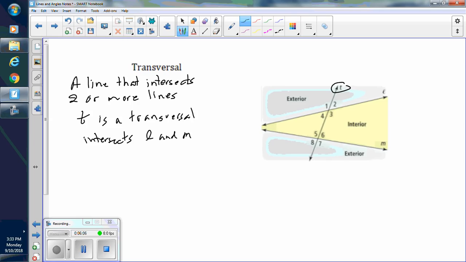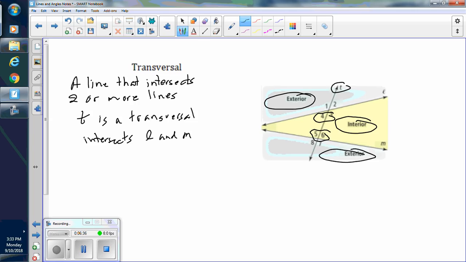And notice that those two lines have an area between them called the interior, and there's parts that are outside of the two other lines, and that particular area is called exterior. We are going to be using the adjectives interior and exterior to describe some angles. So for example, in this particular picture, angles 3 and 4 and angles 5 and 6 would be called interior angles.